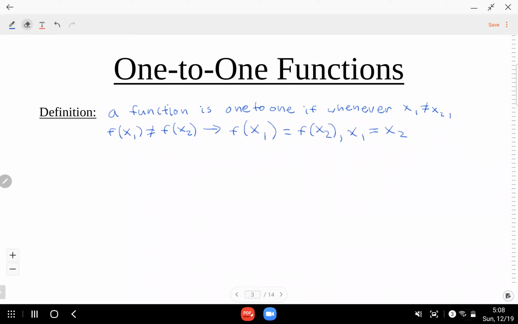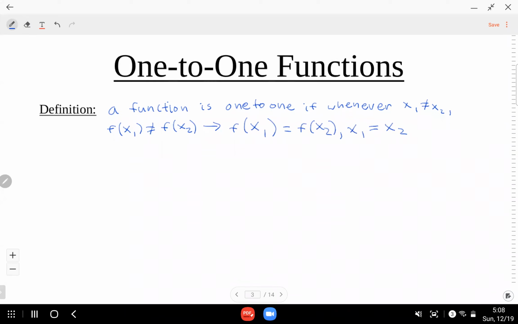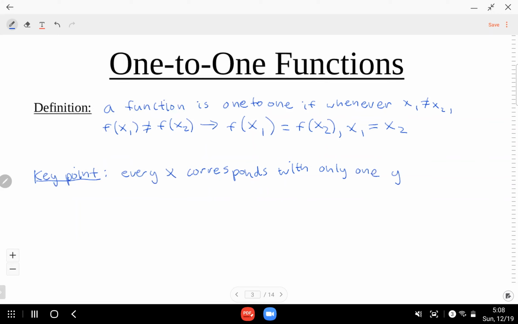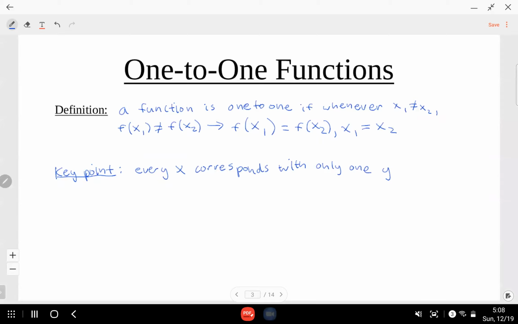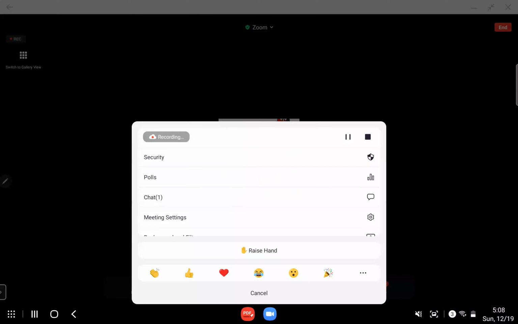All right, so the main key point here is that every x corresponds with only one y. So are there any questions about the definition of this?